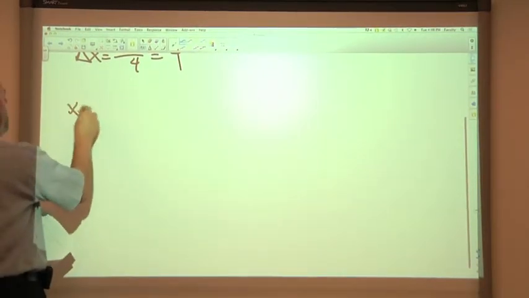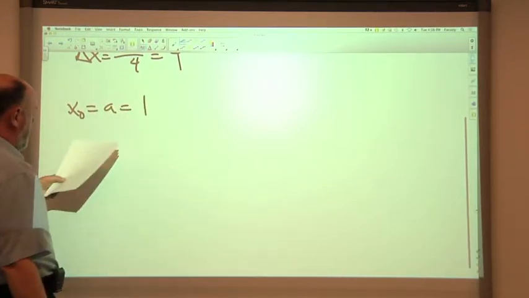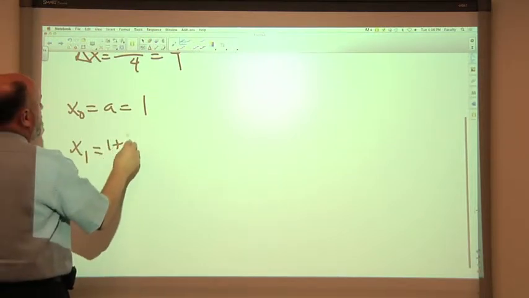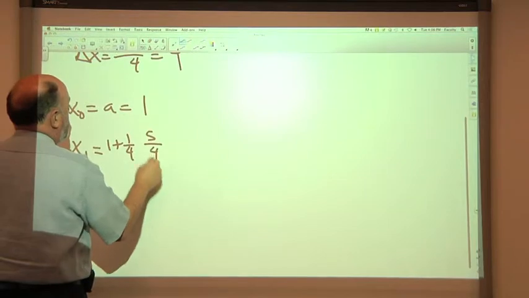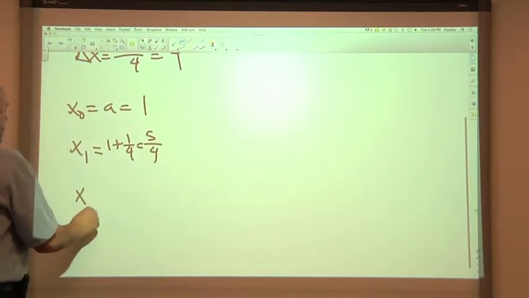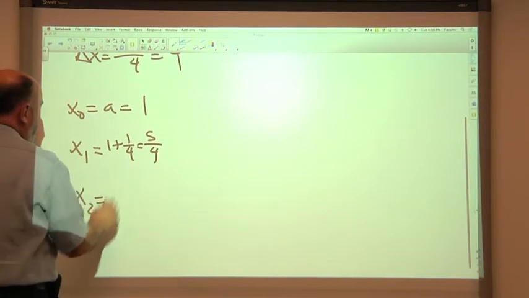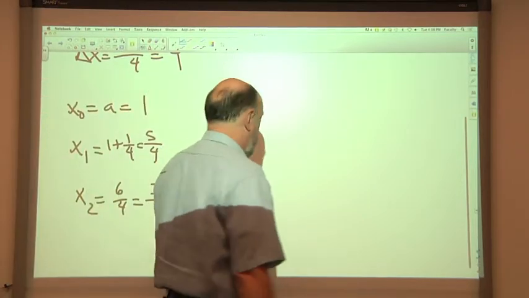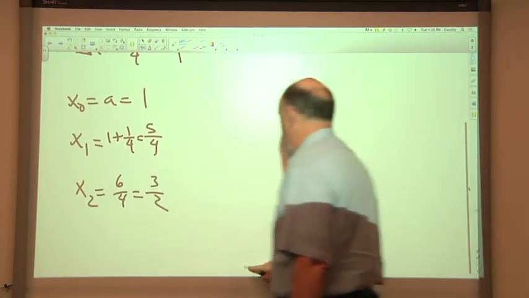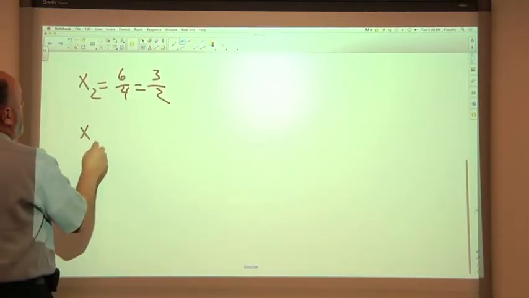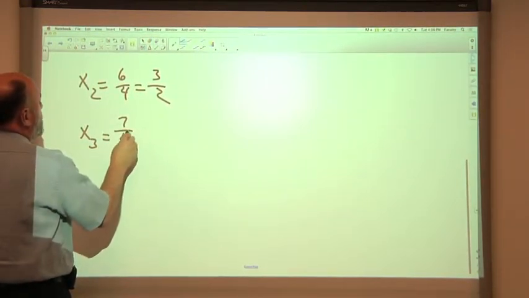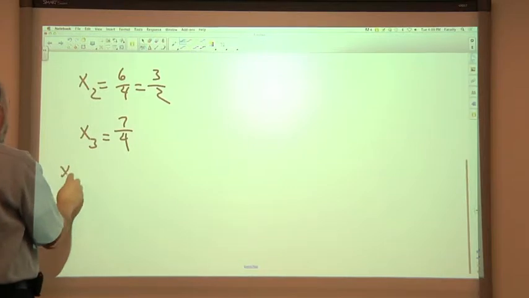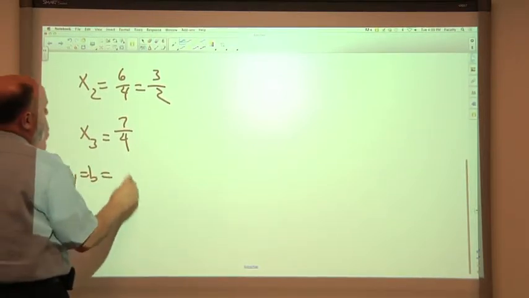So x0 is equal to a, which is 1. x1 would be 1 plus 1/4, which is 5/4. x2 would be 6/4, or 3/2. x3 would be 7/4. And then x4, which would be b, is going to be 2.